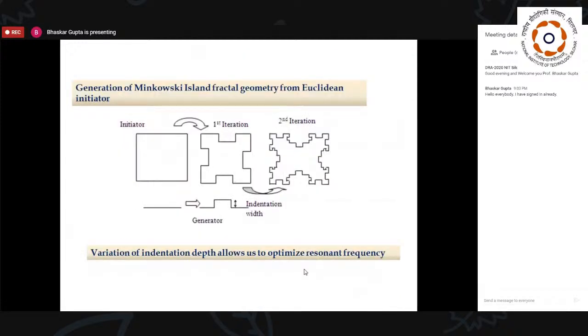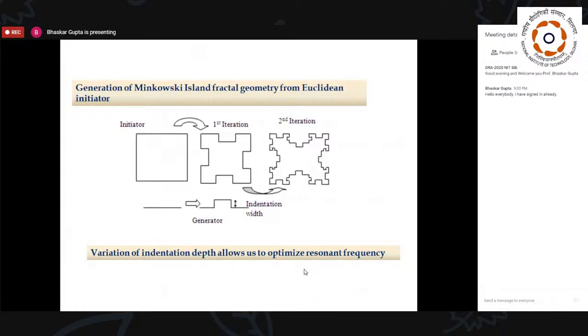But before that, what fractal did we adopt for this particular research and how it showed through its structure, its shape, through different iterations. Every fractal has a so-called initiator, from where we start.